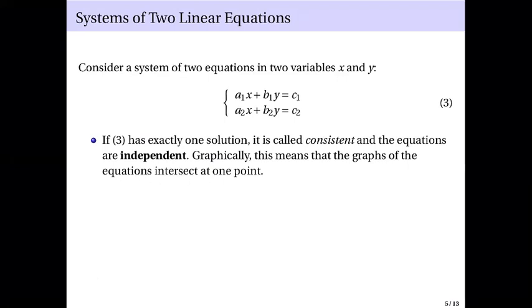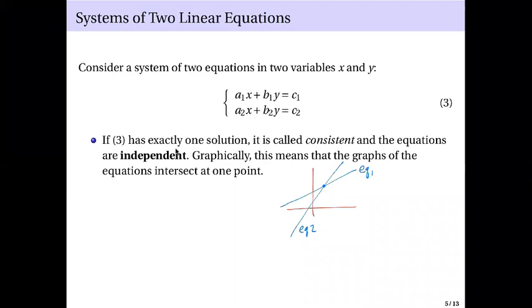So if we try to graph them, equation 1 may be something like this, and equation 2 may be something like this. The point of intersection here, that's the solution to the system.